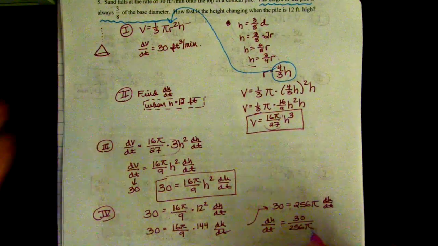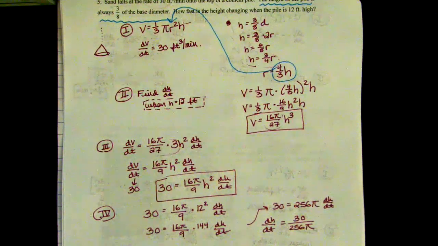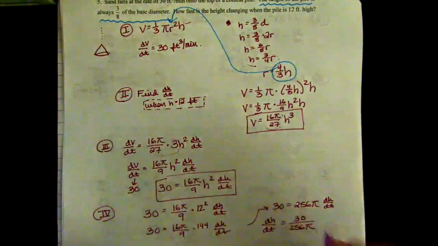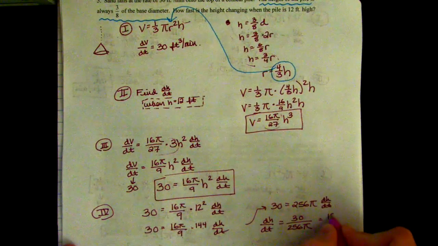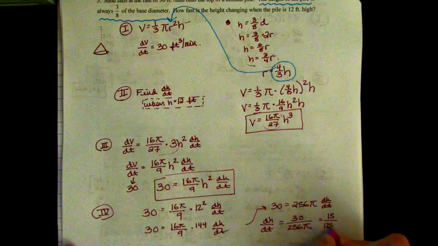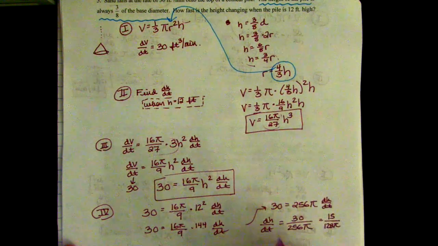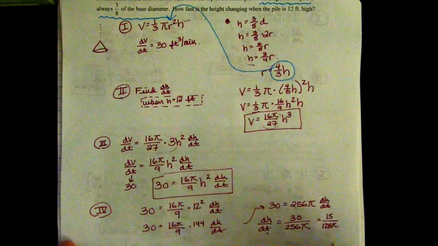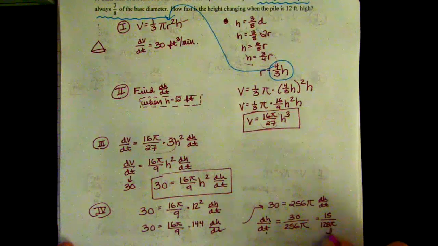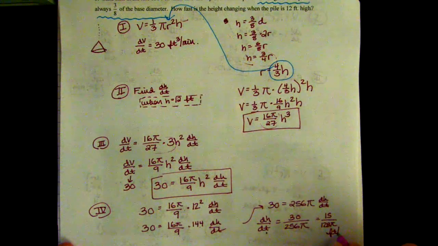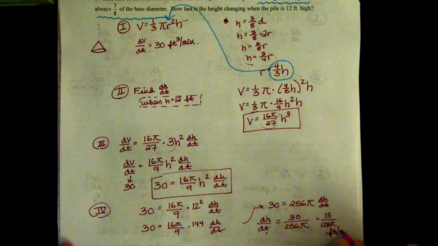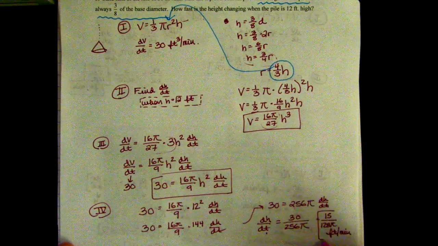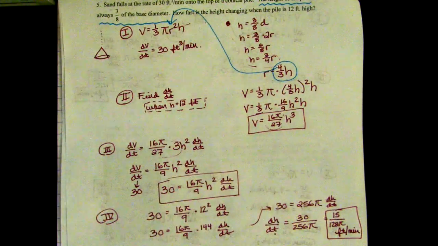Make sure that pi is in the denominator. I know I can simplify the 30 and the 256. That'll become 15 over 128 pi. And the units are the units of the height divided by the units of the time. The height is going to be in feet, and the time is going to be in minutes. And that's what we should get for our derivative.